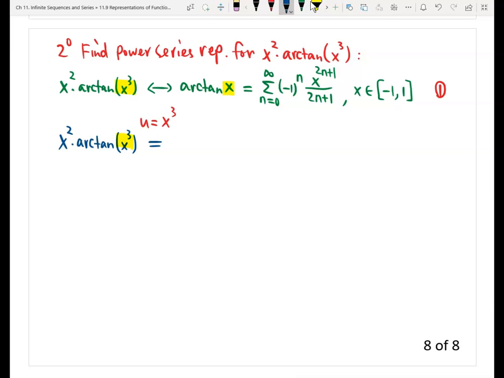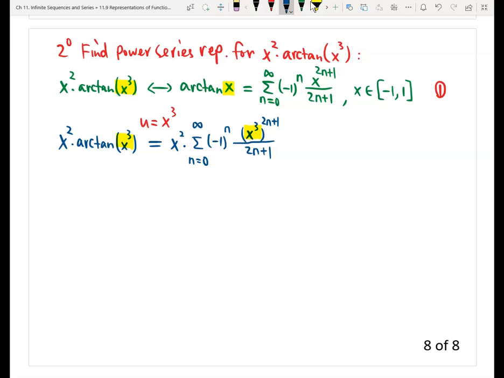I missed x squared, so let me put x squared outside. Now it is a summation of -1 raised to the nth power times x cubed raised to the 2n plus 1 power over 2n plus 1. You know this is true because this is u. The index n starts from 0 to infinity.